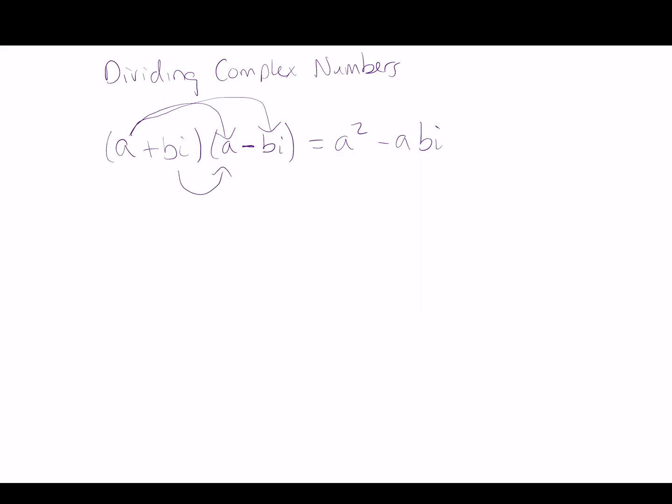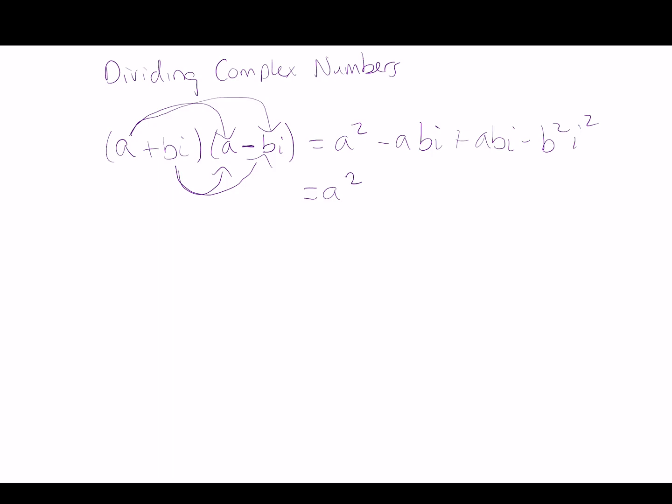Bi times a is plus ABi. And then you have Bi times a negative Bi, minus B squared i squared. We can combine those terms. We get a squared.